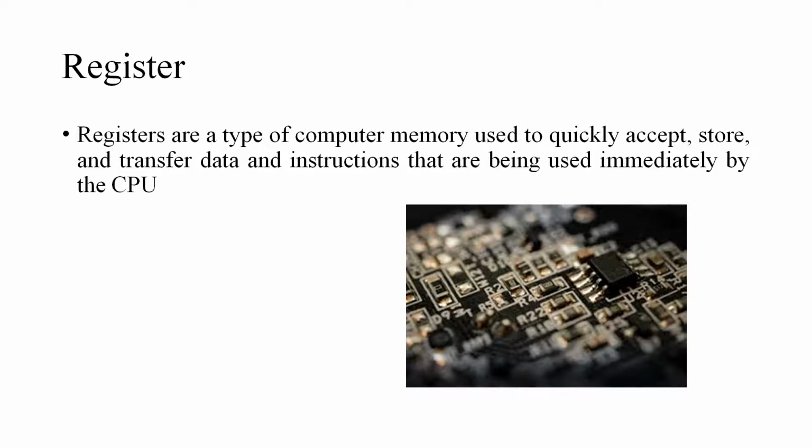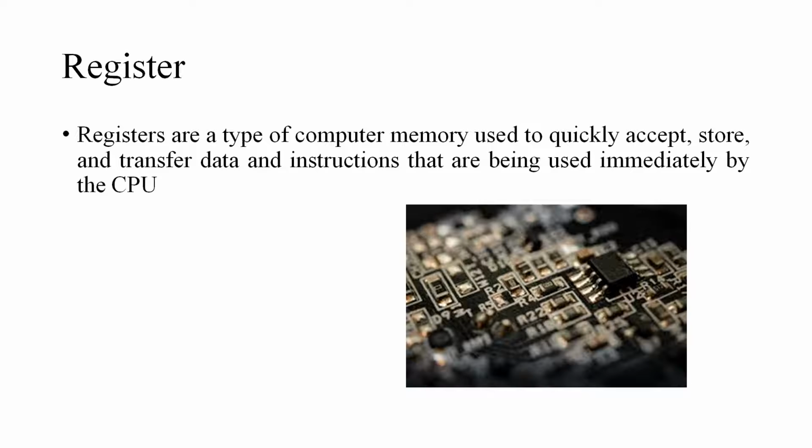The register. Registers are a type of computer memory used to quickly accept, store, and transfer data and instructions that are being used immediately by the CPU. This is a type of memory used for quick access by the processor. The processor, we know, has a lot of computing power.